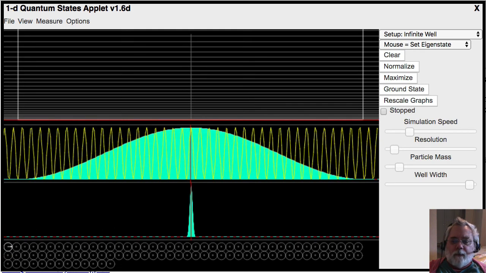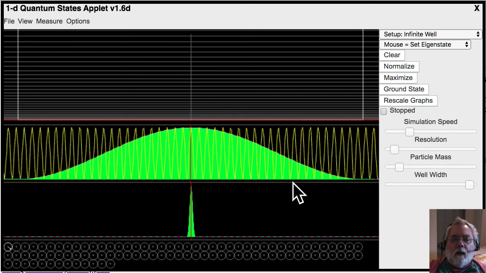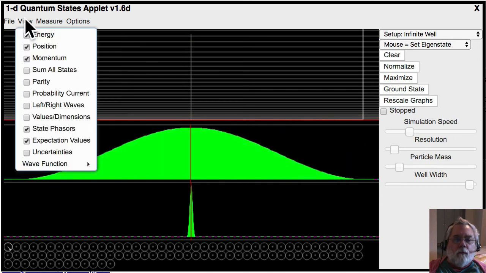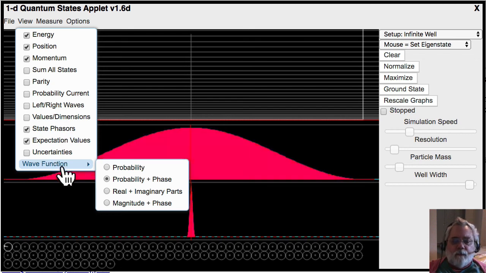I'll explain this a little later. Now, we can view the wave function as probability or as the wave function, but the wave function is complex, so it has a real part, an imaginary part, it has a magnitude.